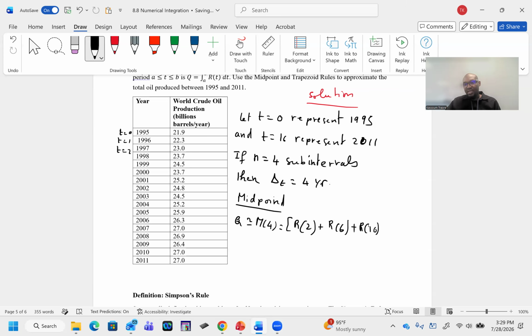Then finally plus R of 14 times delta x, delta t, sorry, delta t. So which will just be R of 2 is 23. Let me use it as it is on the table so you know exactly what I'm talking about.